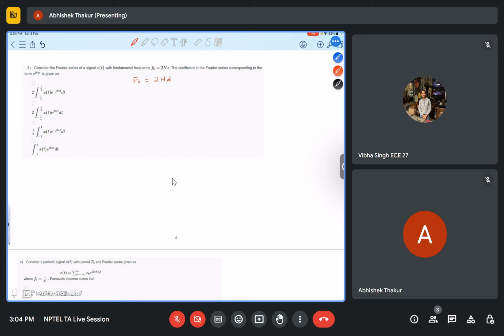So if f naught is given as 2, it implies that T will be 1 by 2.